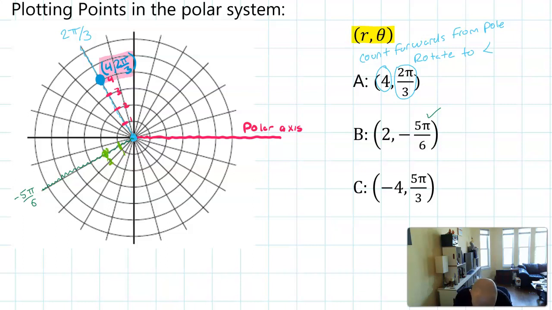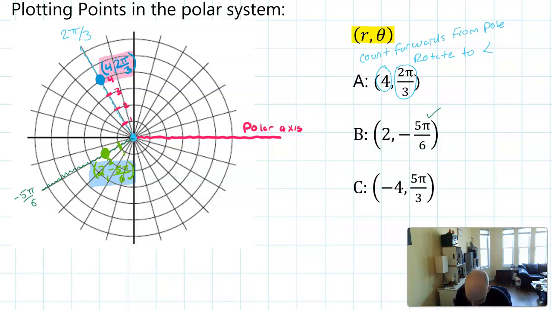So then the point is right here, and we'll label it. I'm sorry, it's a little hard to read, but maybe that helps. That's the point for B. So negative angles work the same as they do in normal trig applications. You just go clockwise instead of counterclockwise.